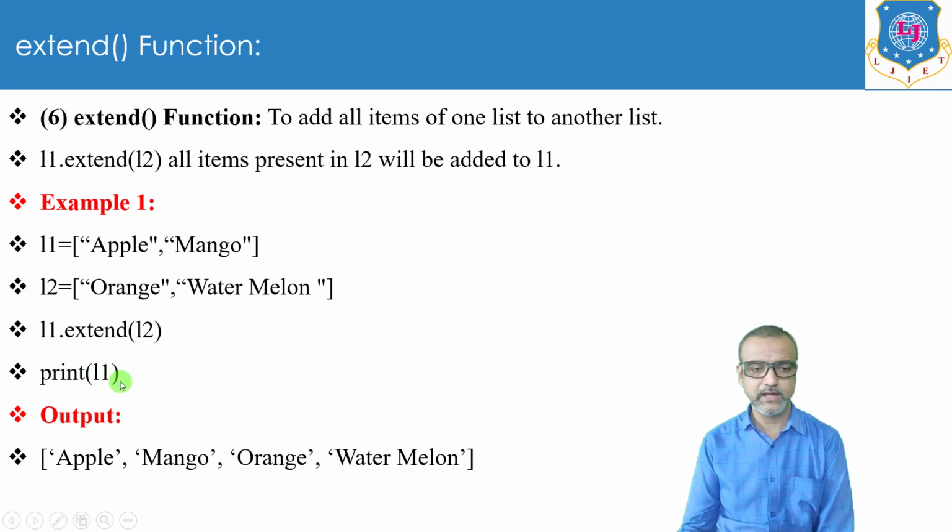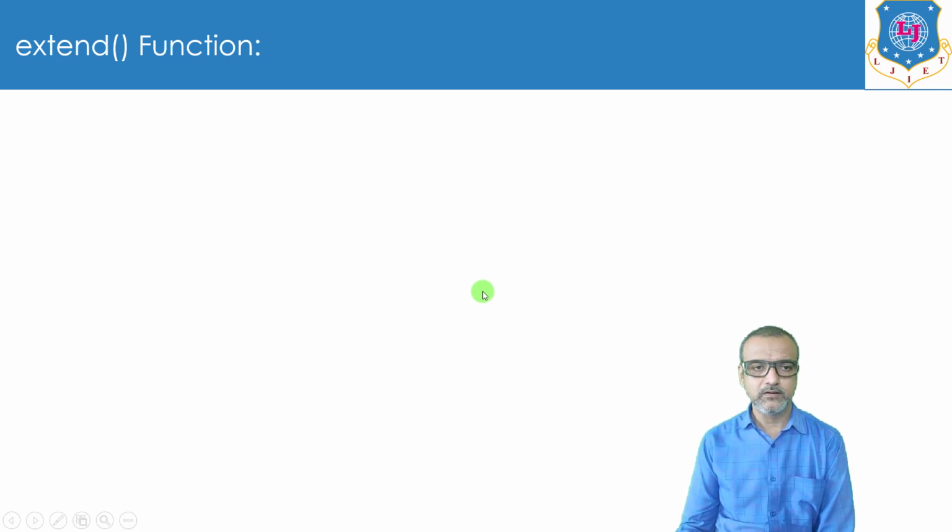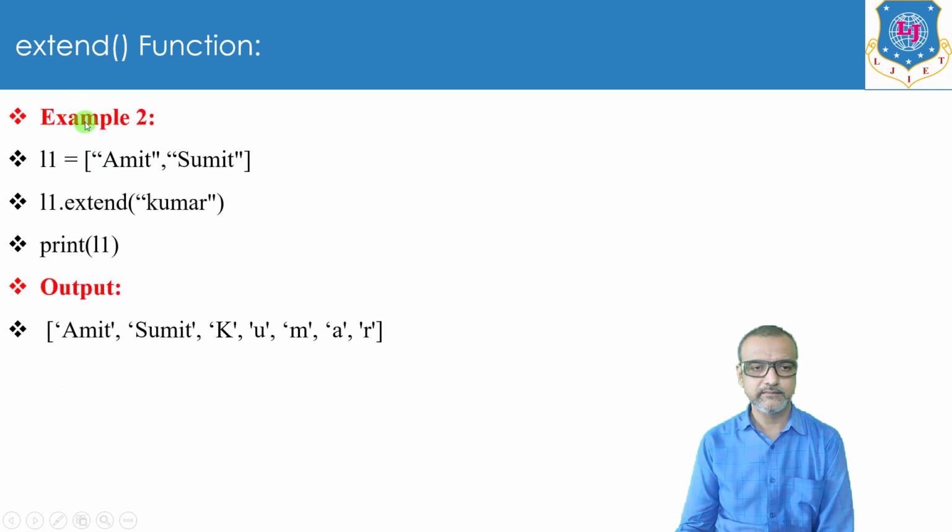And if we print L1, so what will be the output? We have apple, mango, and then orange and watermelon in the list. So this is example 1. Now we will see example 2. We have taken the L1 list, and in the L1 list we have taken two names, one is Amit and the other is Sumit, and we are going to write L1.extend('Kumar').